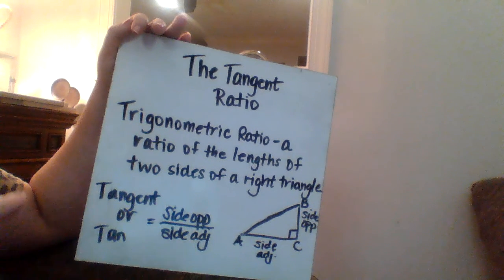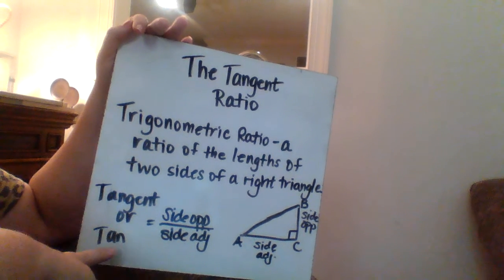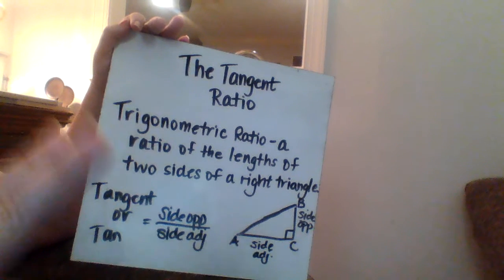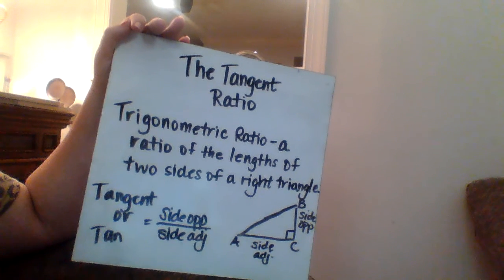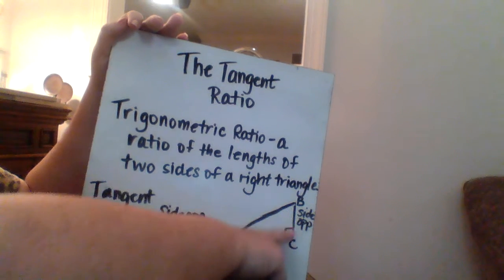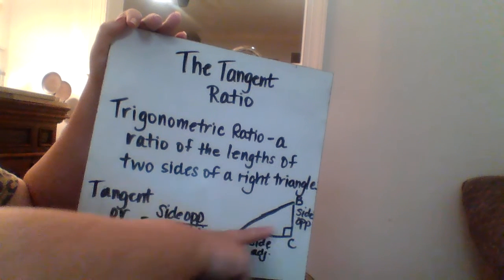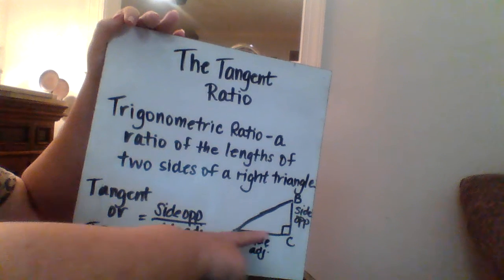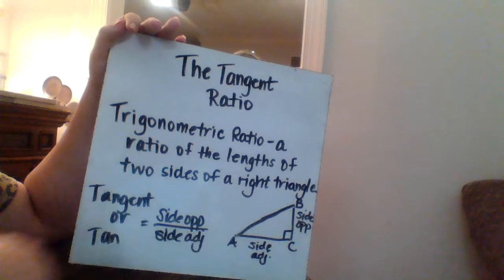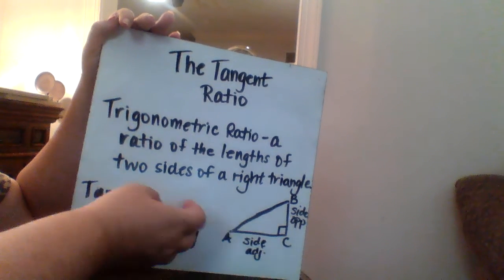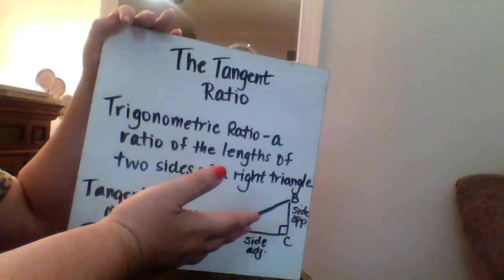The tangent, also called tan, is a ratio of two specific sides of a right triangle. One of the sides is the side opposite of the angle, and the other is the length of the side adjacent. So we are looking at these two lengths that can give us what's called the tangent.